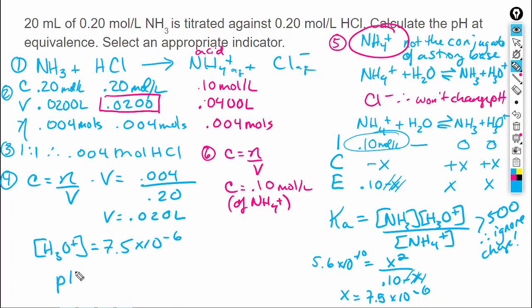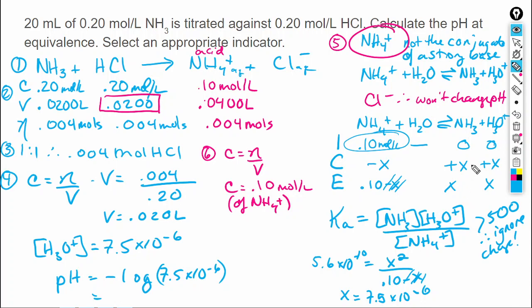The pH. Because from the concentration of H3O plus, that's how we tell what pH is.